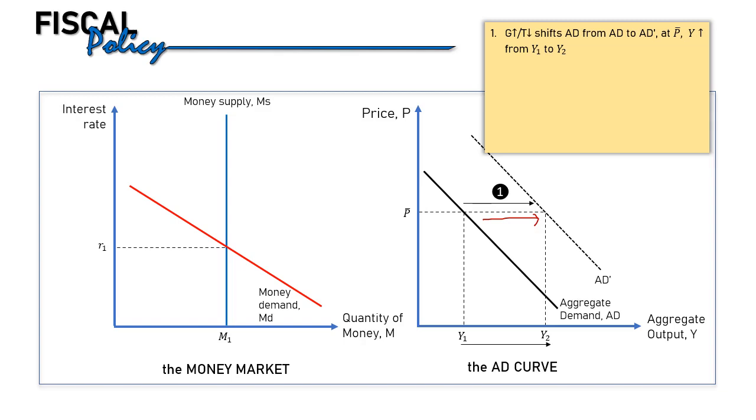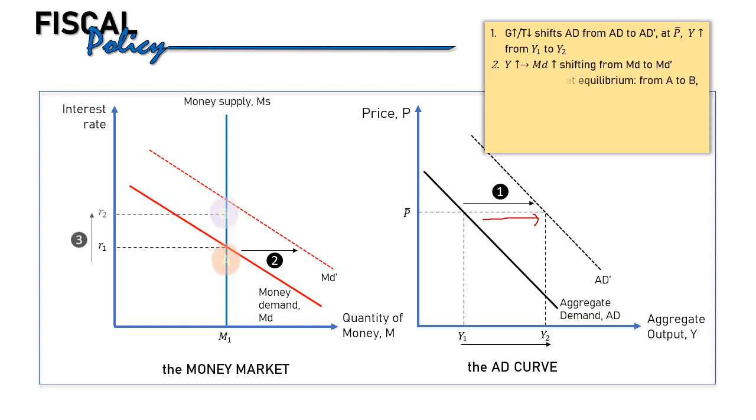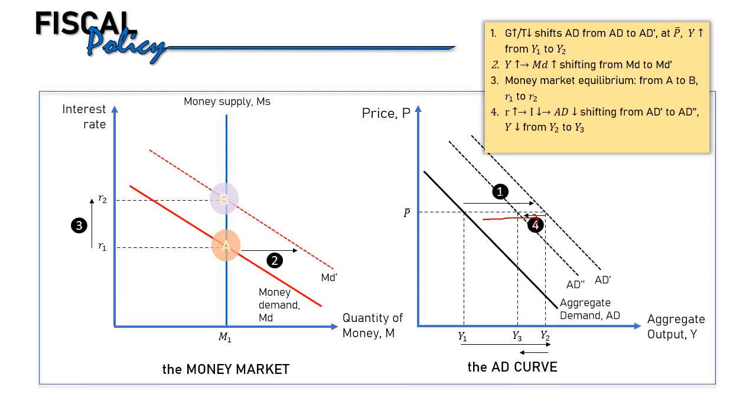When Y increases, it impacts the money market. With more income, money demand will be higher, and the money demand curve as a consequence shifts to the right from MD to MD prime, leading to a higher equilibrium interest rate at point B. Then returning to the AD curve, AD will shift to the left because a higher interest rate will reduce I, then AD, and eventually Y. So Y decreases from Y2 to Y3, and this process is what we call the crowding out effect.